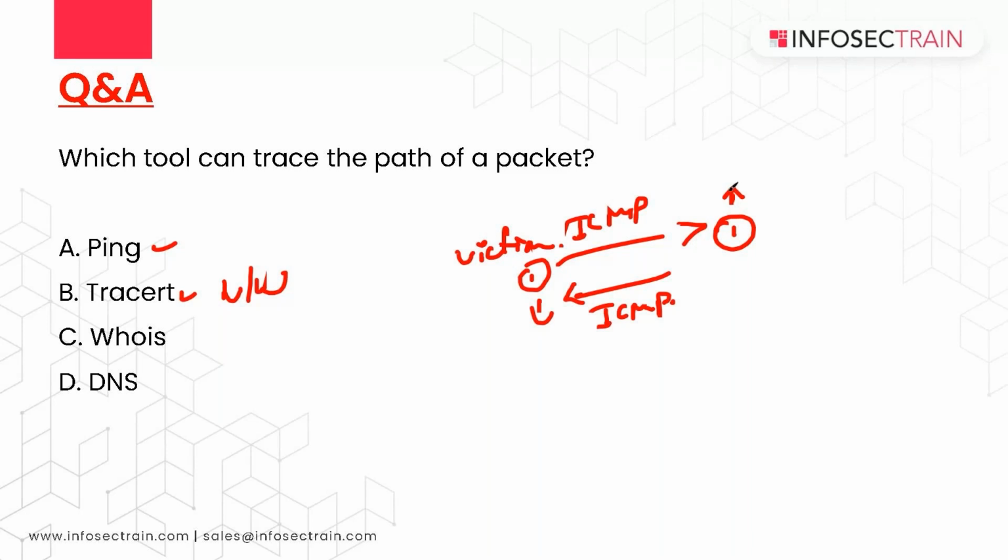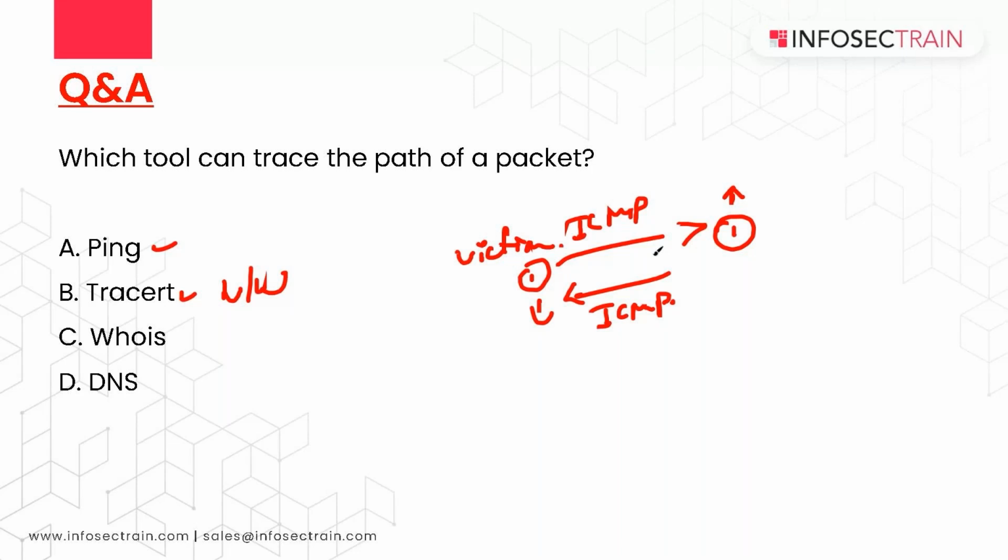So for that, we have traceroute, also the tracert. When we are talking about tracert and traceroute, what it is doing is checking the TTL values. It is going to send packets with increasing TTL values, which stands for time to live.